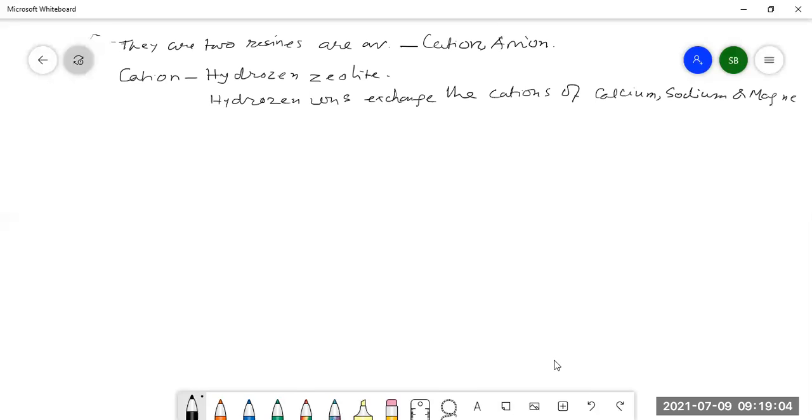And anion resins absorb the anions: chlorides, nitrates, and phosphates, as discussed above.